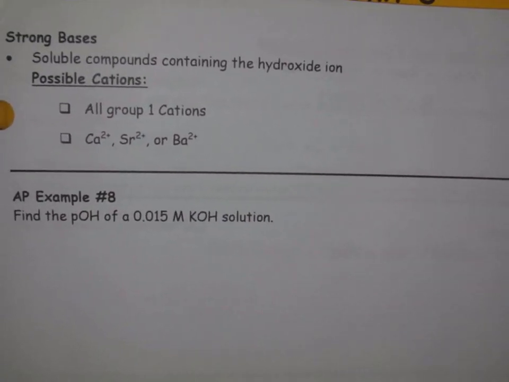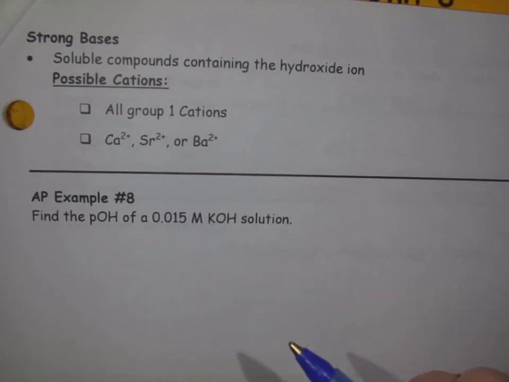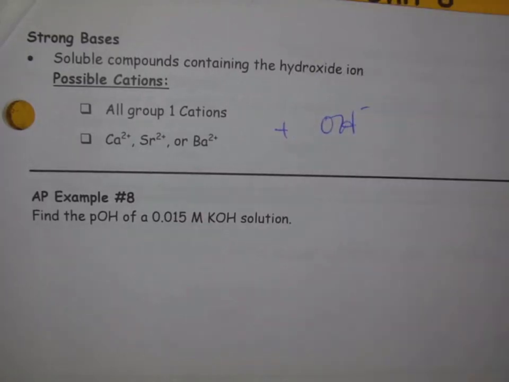Strong bases. So, reminder that strong bases contain a group 1 or a group 2, most of the group 2. You can pretty much just assume all of group 2. So a group 1 or a group 2 metal plus hydroxide. Okay.